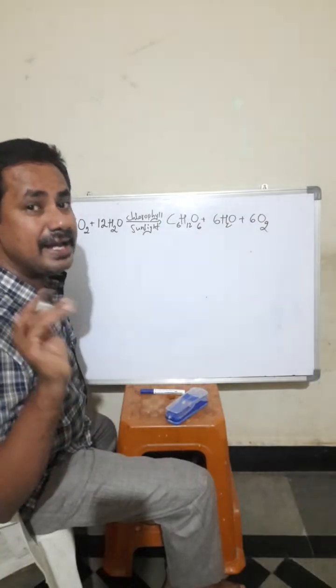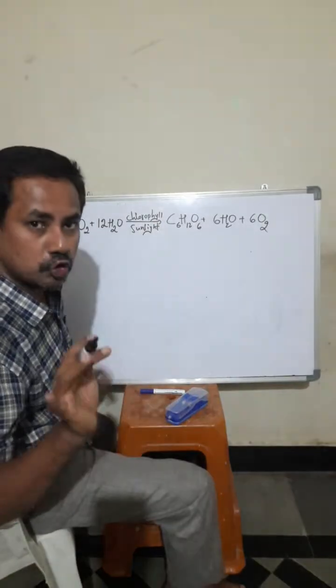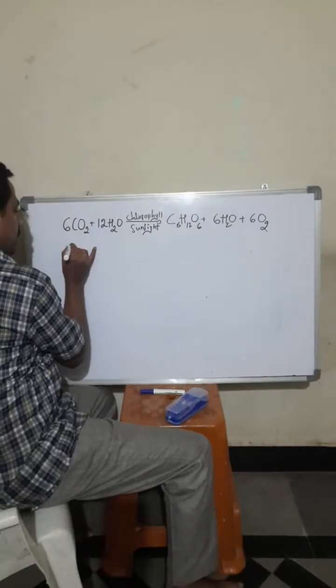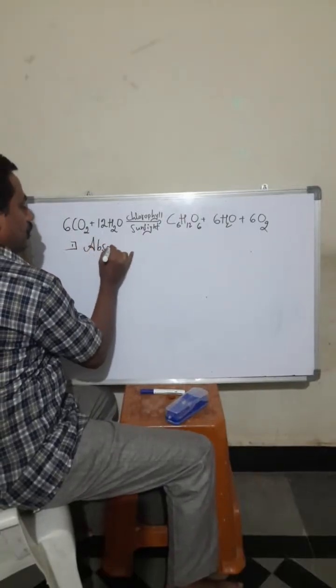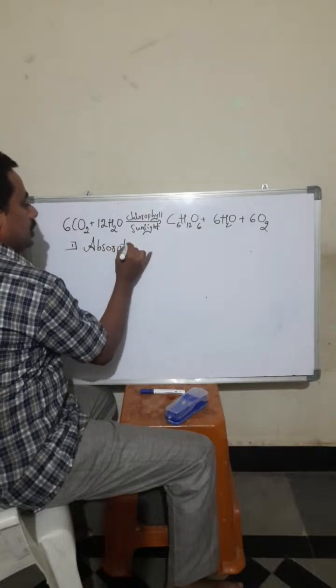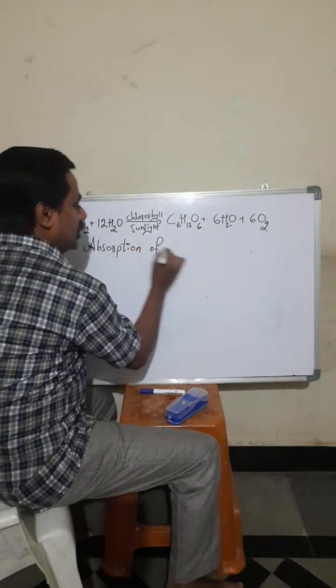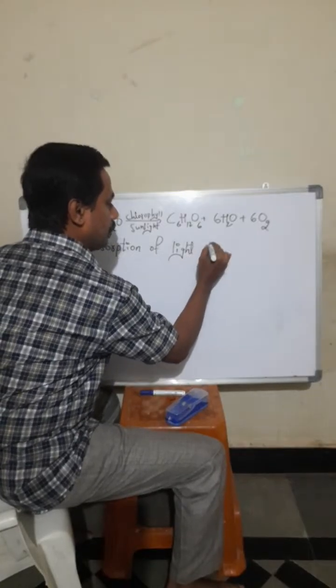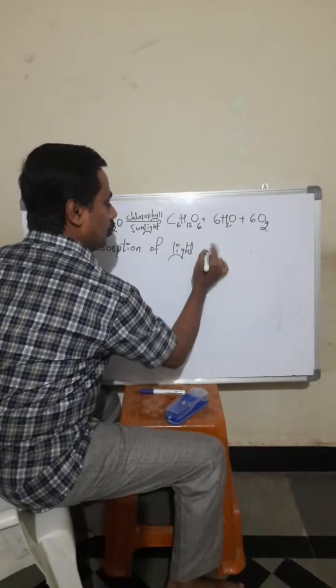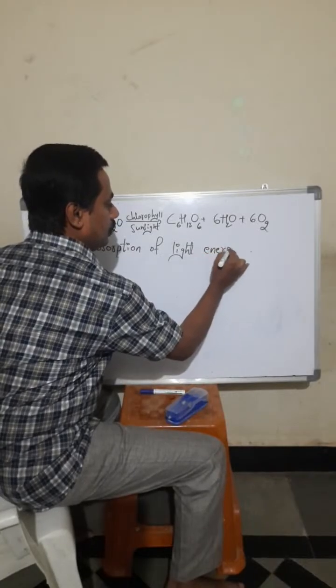The 3 main events occurring during photosynthesis are: first one, absorption of light energy, students. Absorption of what? Light energy. By whom? By chlorophyll. Okay, fine.